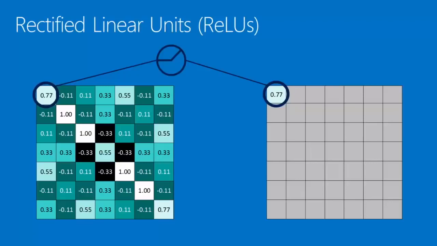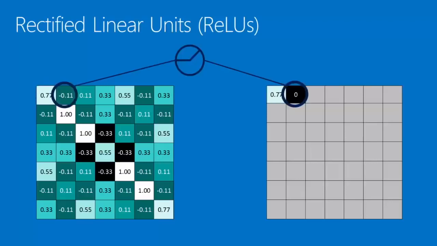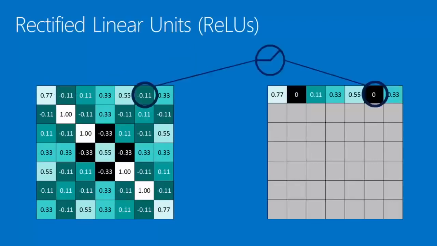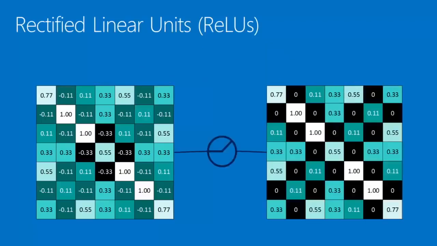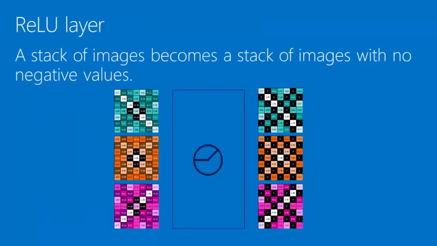But all it does is step through everywhere there's a negative value, change it to 0. Another negative value, change it to 0. By the time you're done, you have a very similar looking image, except there's no negative values. They're just zeros. And we do this with all of our images, and this becomes another type of layer. So in a rectified linear unit layer, a stack of images becomes a stack of images with no negative values.